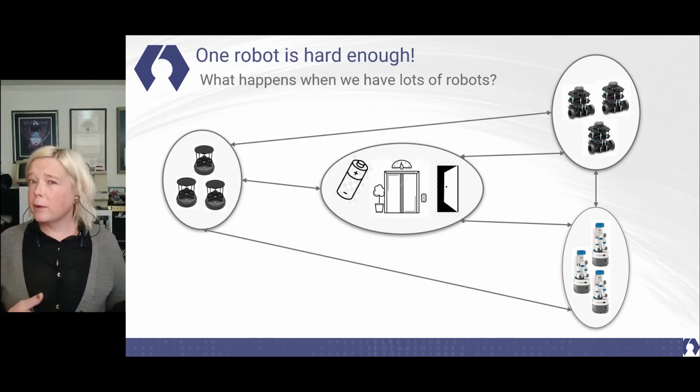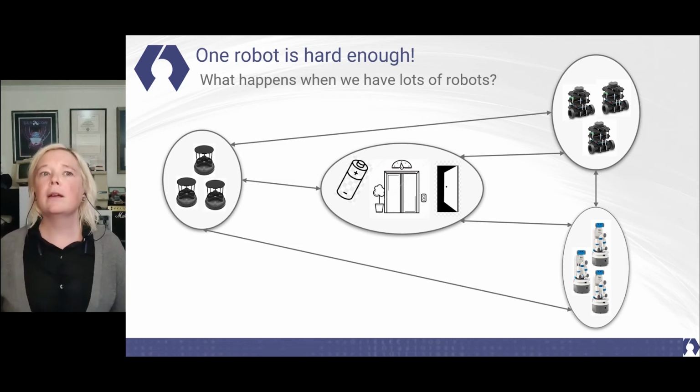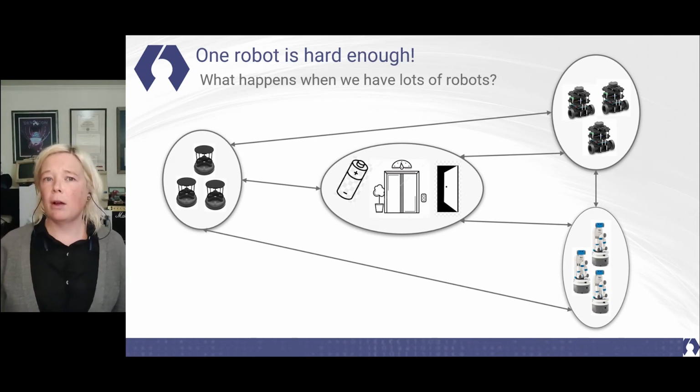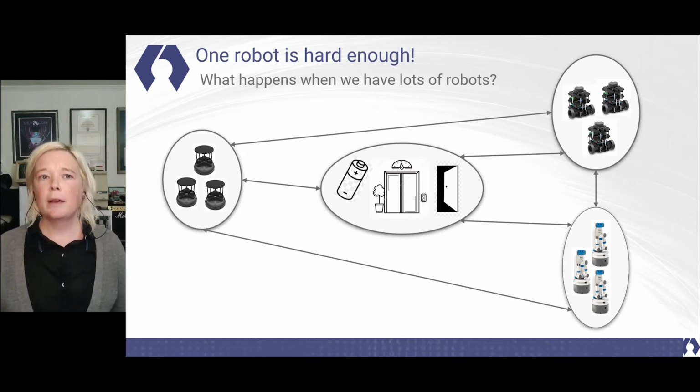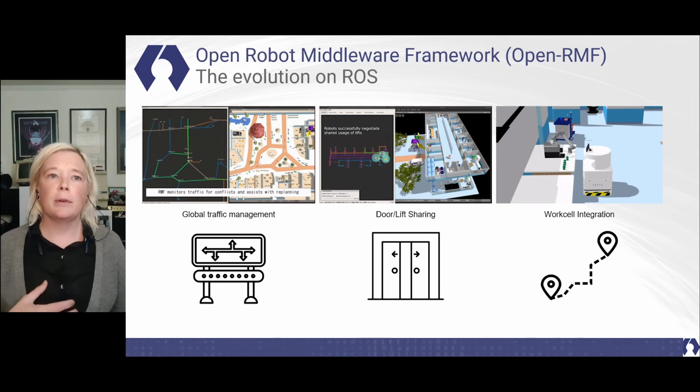And even more importantly, how do I get a bunch of these robots to work together if they don't all run ROS? And so we've been working for a few years now on a new open source project. That open source project is called the Open Robot Middleware Framework.